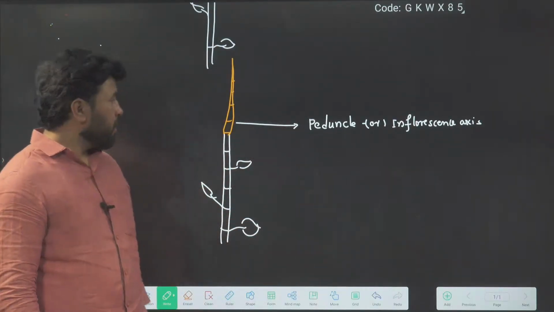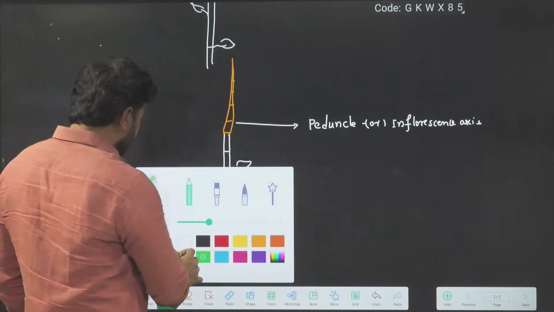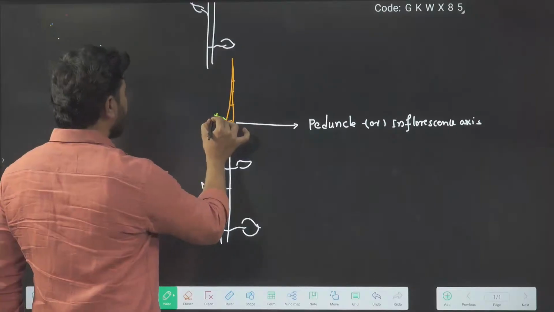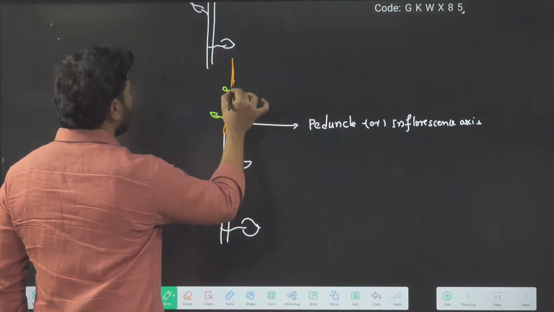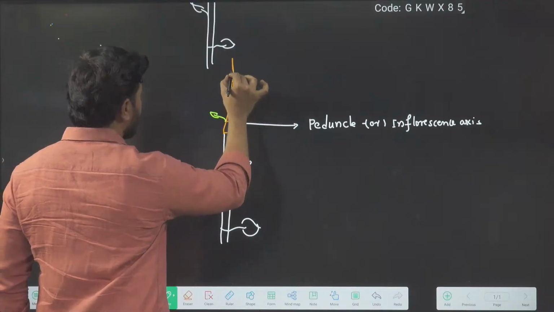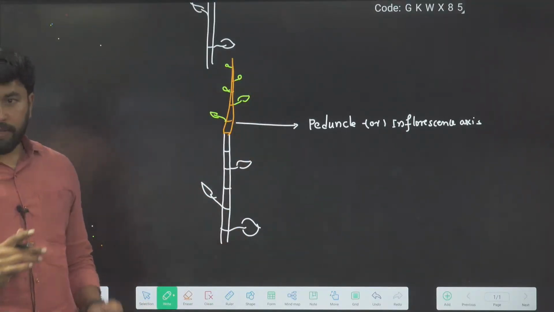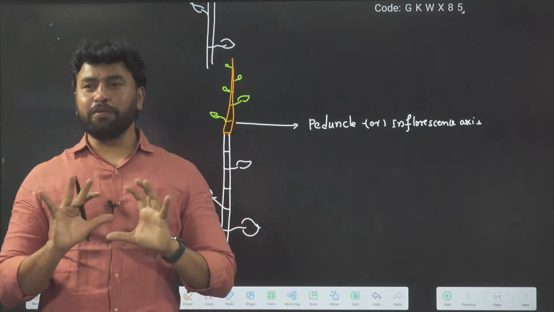Well done. Whenever we talk about node, at the nodal region, there should be a presence of leaf. Of course, I am making here one leaf for our convenience. This is a leaf. When there is a leaf, this leaf no longer to be mentioned as leaf anymore.